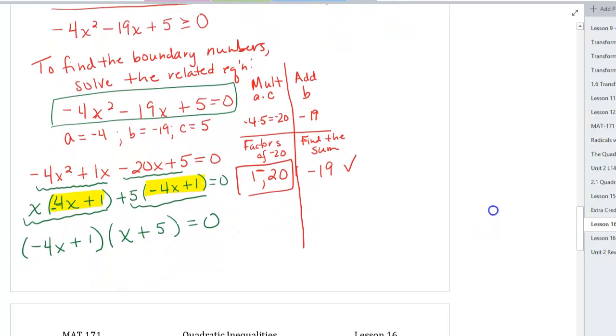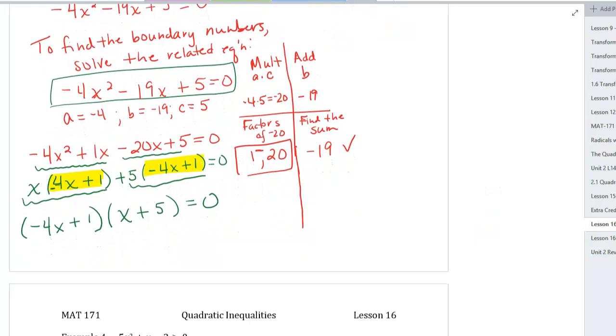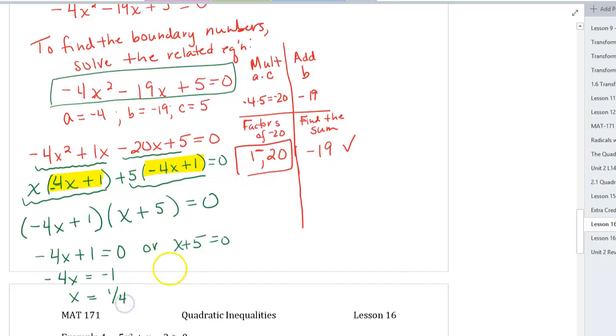And when it's in factored form, we can then solve it by setting each factor equal to 0. So negative 4x plus 1 equals 0, or x plus 5 equals 0. So that's going to give us negative 4x equals negative 1, or x equals 1/4. And then if we subtract 5 from both sides, that's going to give us x equals negative 5.